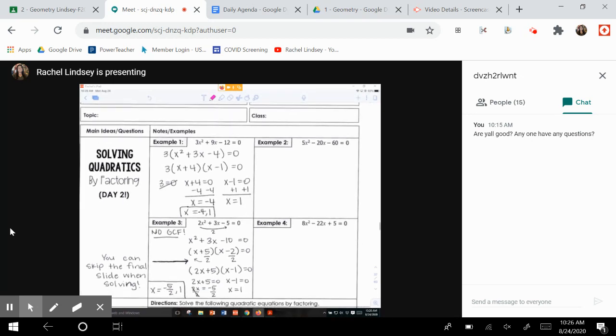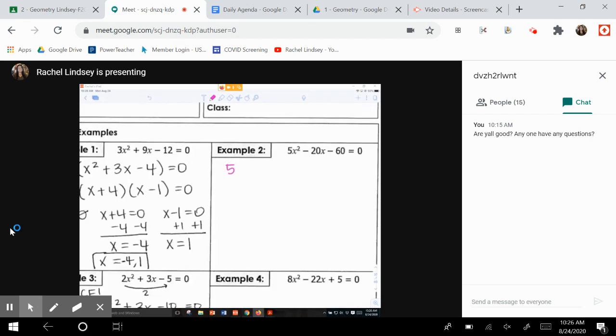Do I have a greatest common factor? Yes, I can factor out a 5. So I have x squared minus 4x minus 12. Do I have to use slide and divide on this one? No, I don't.